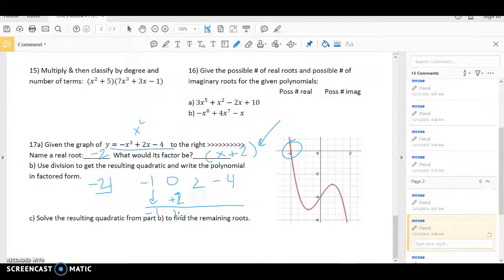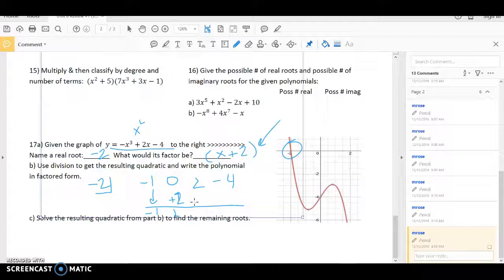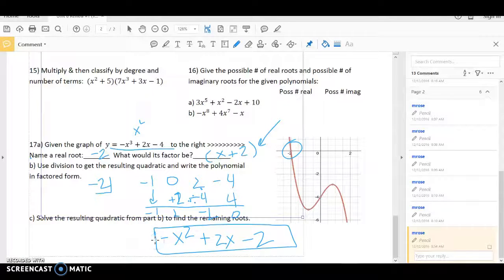Times -2, so -4. That would give me -2. -2 times -2 is +4. We could see that we would get -x squared plus 2x minus 2. And that would be the remainder of my function.